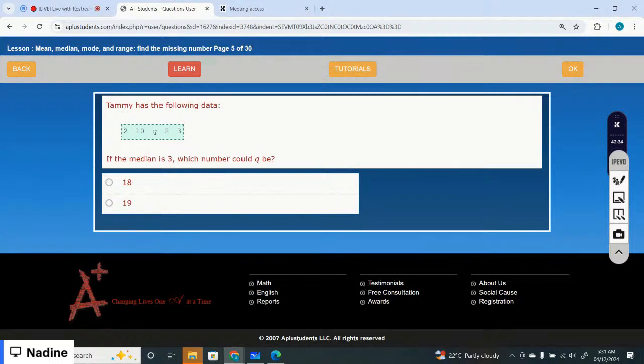The Q would be, it could be either 18 or 19.